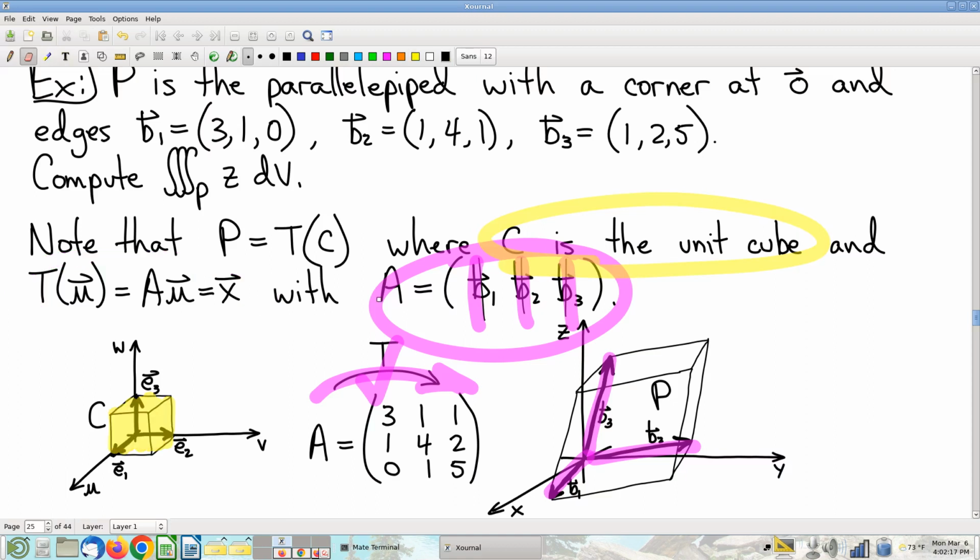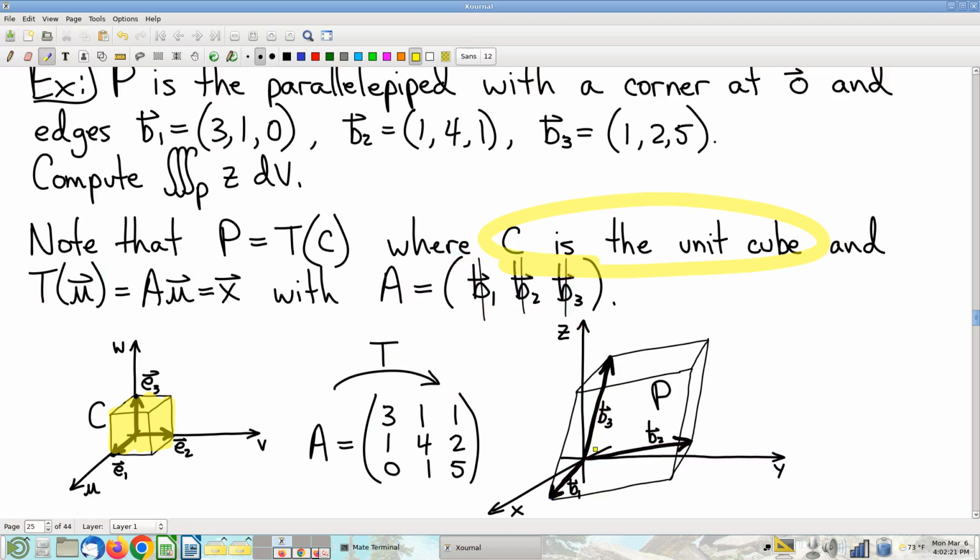And when we do a pullback, we started with this horrifying, terrible domain on the right, and notice pulling back then to the unit cube. Well, the unit cube, you just couldn't get any better as a domain for a triple integral: constant bounds, zeros and ones.